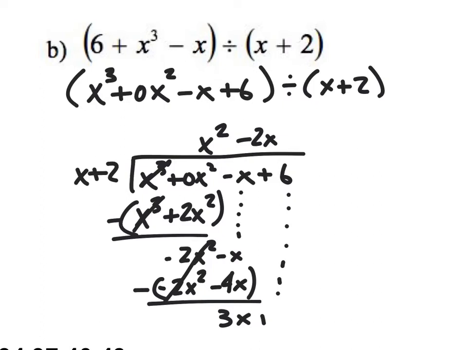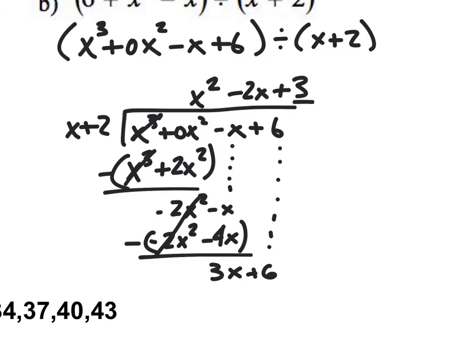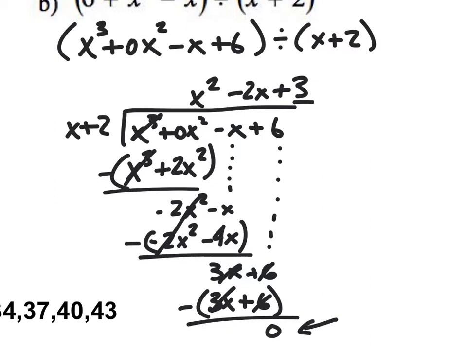Oh, this is looking good. Now, x times what gives me 3x? It's just going to give me a positive 3. So 3 times x plus 2 gives me 3x plus 6. Subtract the quantity: 3x minus 3x adds to 0, 6 minus 6 adds to 0, and I have a remainder of 0.